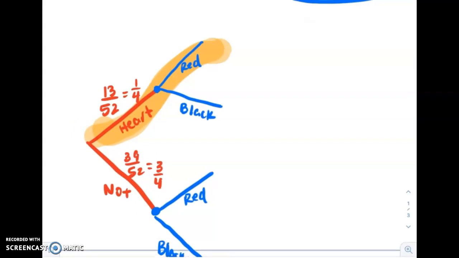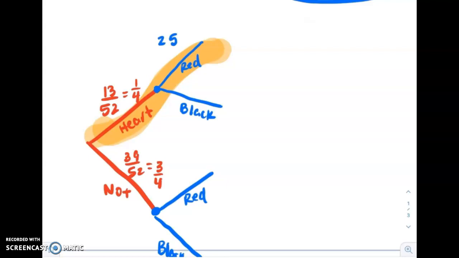The probability that you pull a red card after you've pulled a heart: we've got 13 out of 52, but we're assuming we've pulled a heart, so there's one less red. So instead of there being 26 red, there's now only 25 red left.